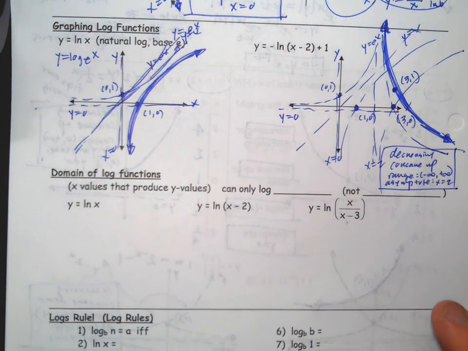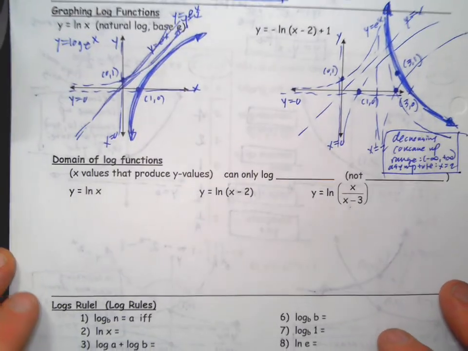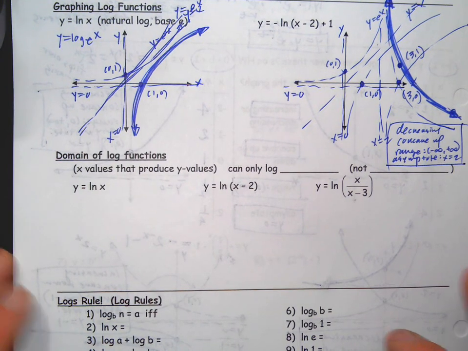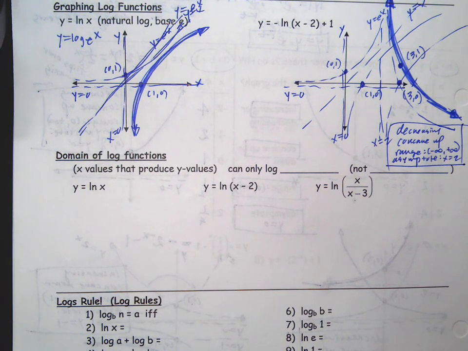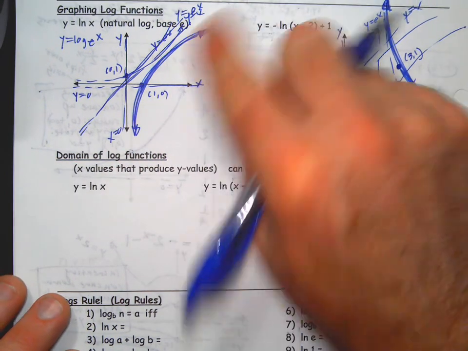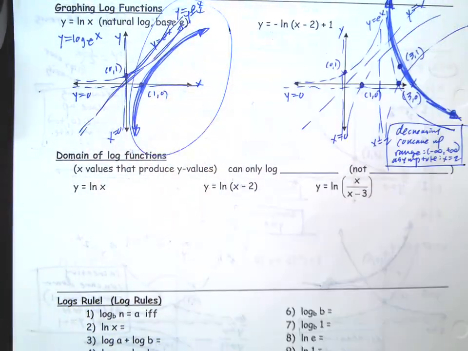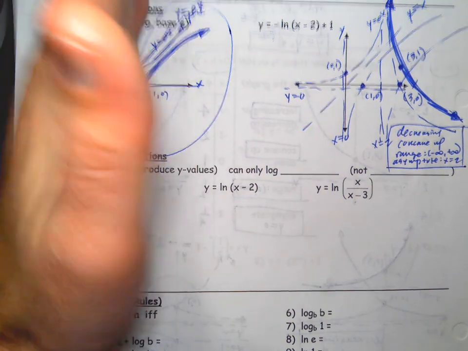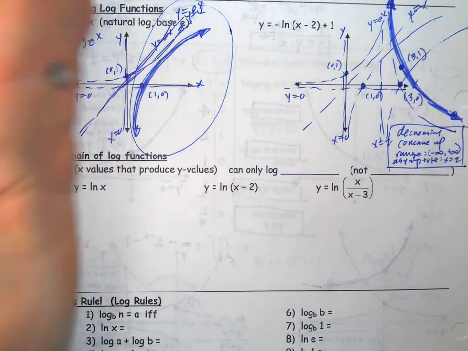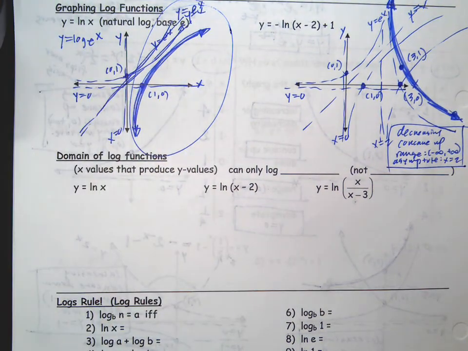Okay, now we need to talk about domain. Domain for any function is important, but logs are notorious because the natural log graph only exists for positive x's. X equals 0 is a vertical asymptote. Negative x's just don't make sense. You can't raise a positive base to some exponent and get a negative answer. That just can't happen.